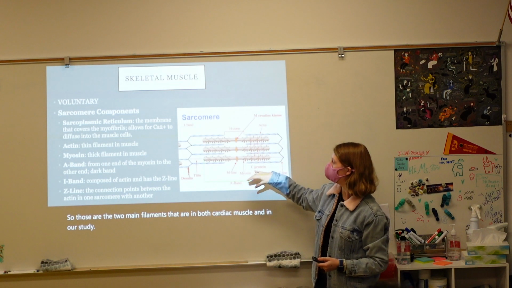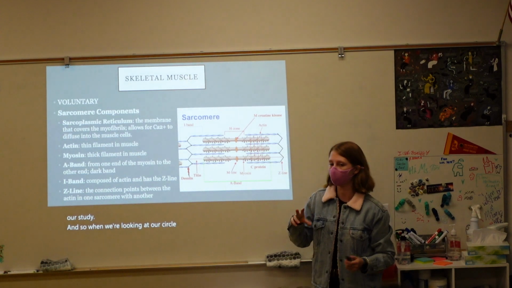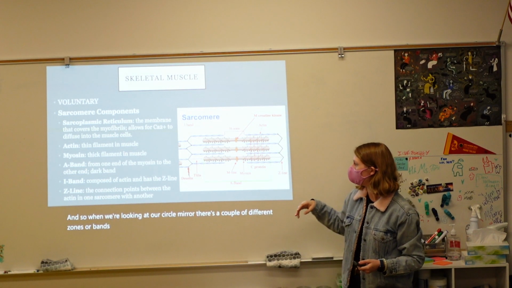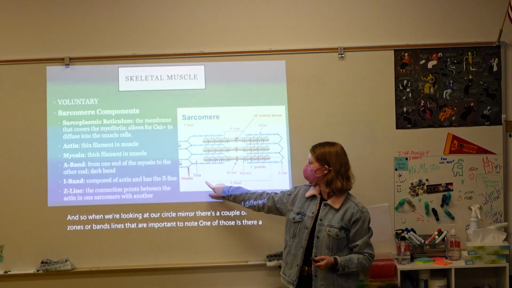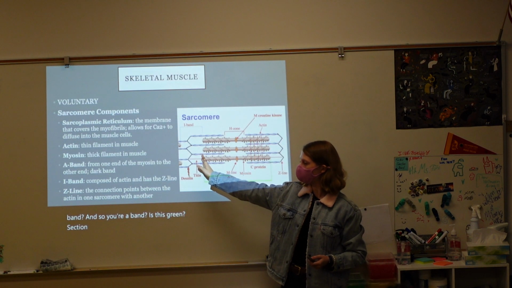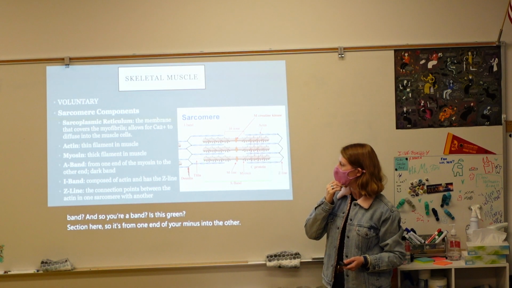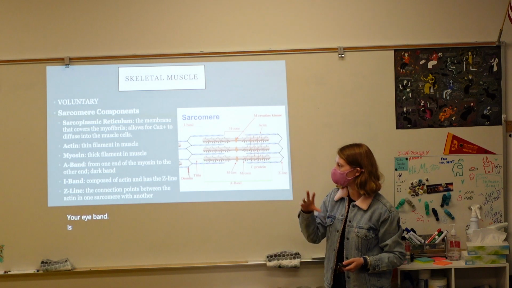When we're looking at our sarcomere, there's a couple different zones or bands, lines that are important to know. One of those is your A band. Your A band is this green section here, so it's from one end of your myosin to the other. Your I band is composed of actin and has the Z line.